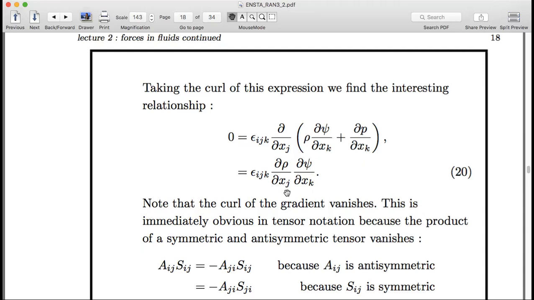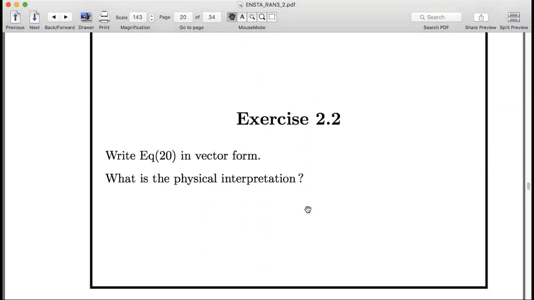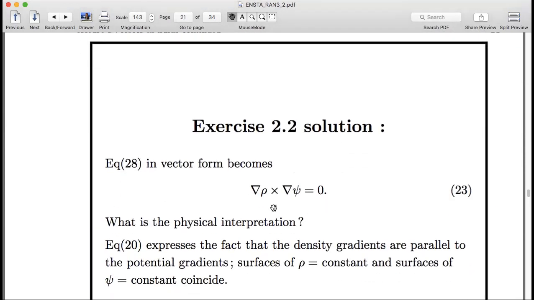But this works if this is giving me the ith component of a vector, and the indices are aligned as they are here. So that's the cross product of these vectors, and it equals 0.